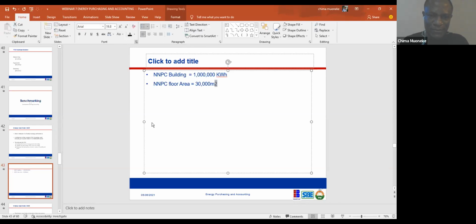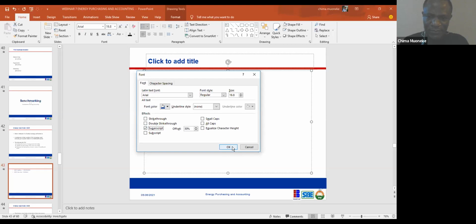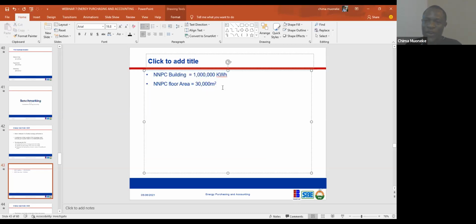So NNPC has a floor area of 30,000 square meters. All right, now let us look at CBN. CBN uses maybe 800,000 kilowatt hour, right? Now this is the energy consumption.